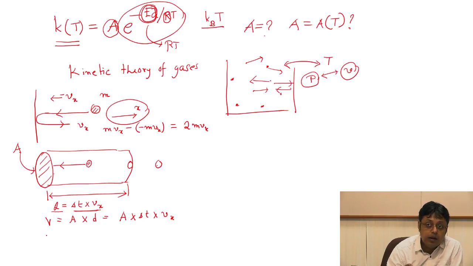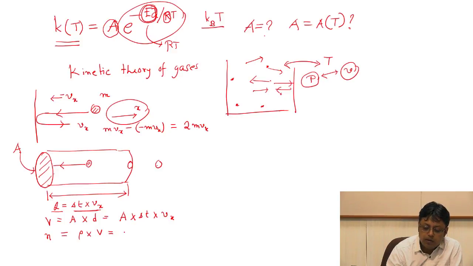Then we have to calculate the number of molecules which are striking. That number is given by the density of the molecules times the volume, because density is the number of molecules per unit volume.